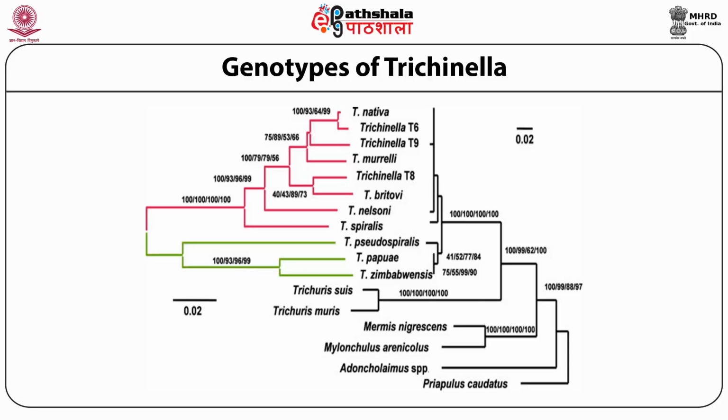Some of that diversity translates into variable importance as zoonotic pathogens, with Trichinella spiralis having the highest significance. Trichinosis has re-emerged as an important zoonotic infection in various parts of the world, reminding us that control of this infection depends on persistent vigilance.